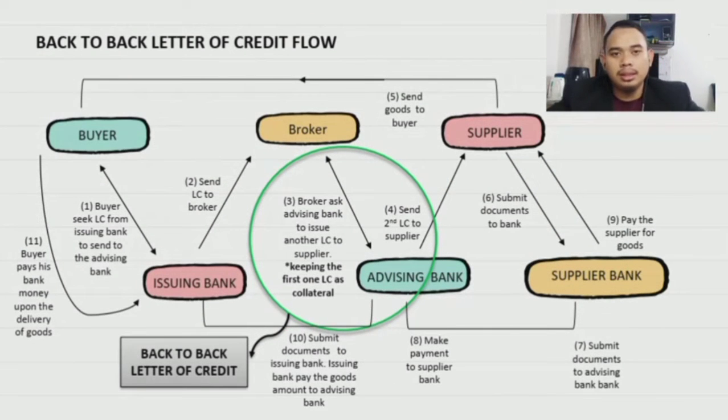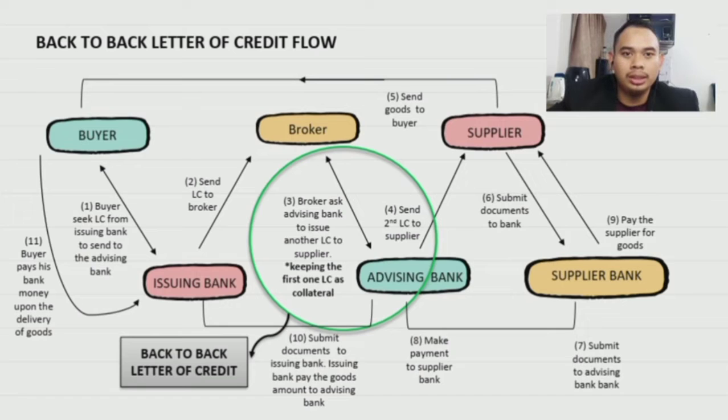Now here is the flow of how a back-to-back letter of credit works. The first half of the process is similar to a commercial letter of credit. The buyer goes to his bank, known as the issuing bank, and seeks a letter of credit, and the issuing bank sends it to the broker's bank.